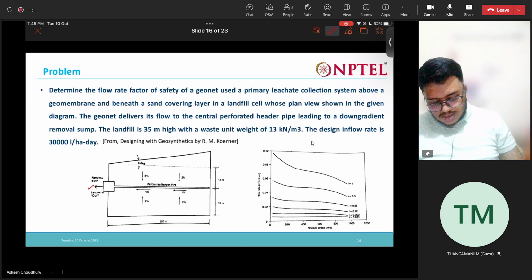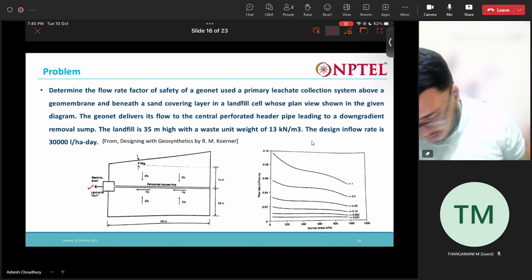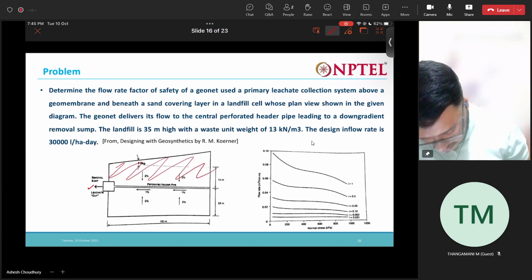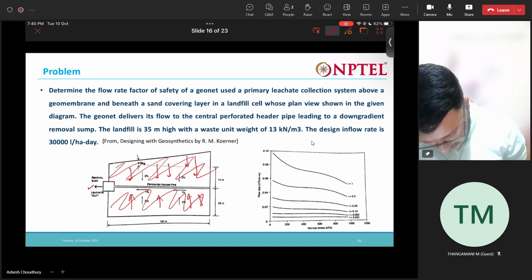You can see the length here. So where is the geonet? The geonet is placed in this region, right? It is carrying the leachate in this direction to this pipe, and the pipe is then finally carrying it out.